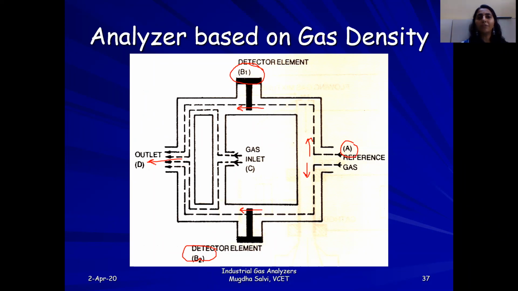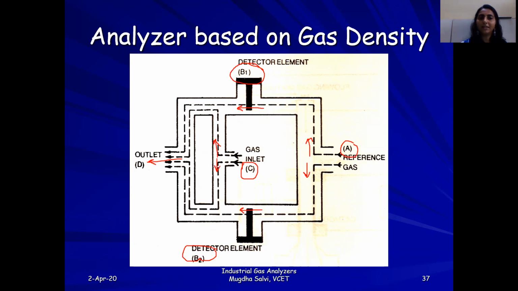Initially, when there is only reference gas, we can have a balance. That means the cooling of B1 and B2 will be the same because the reference gas is the same and the density of the gas is the same. Now, after this balance, if I let the sample gas enter from inlet C, it will come in and again split into two parts.